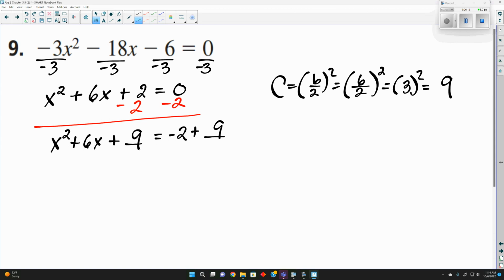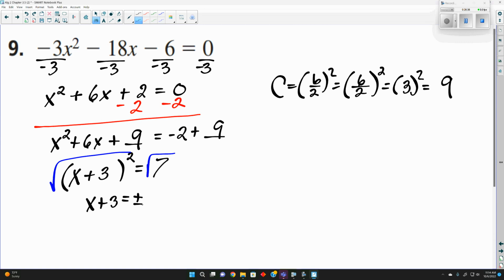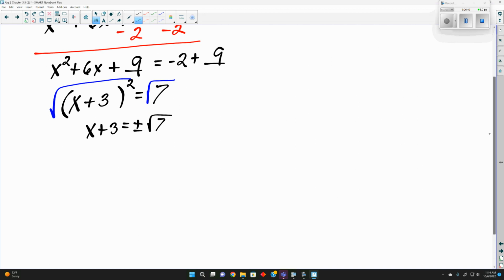Step 4, factor and solve. So we would have a set of parentheses squared, x, and what was inside the parentheses before we squared it? Positive 3, so we'd have x plus 3 squared is equal to 7. Now we solve. We would square root both sides, telling us that x plus 3 is equal to plus or minus the square root of 7.